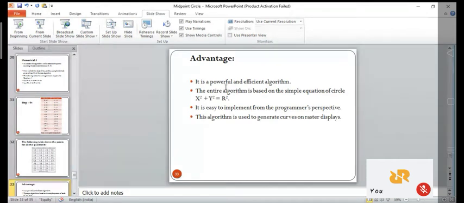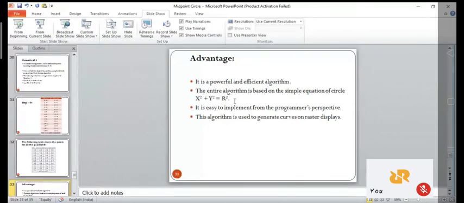Then another advantage is that this algorithm is purely based on the simple equation of a circle. So based on this circle equation only, you are going to find out the points.